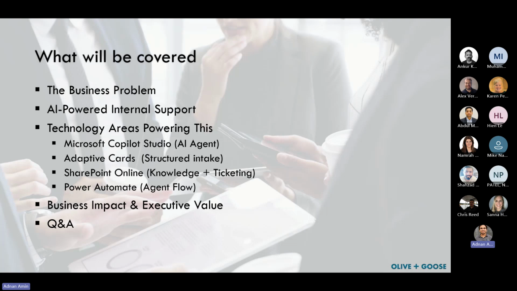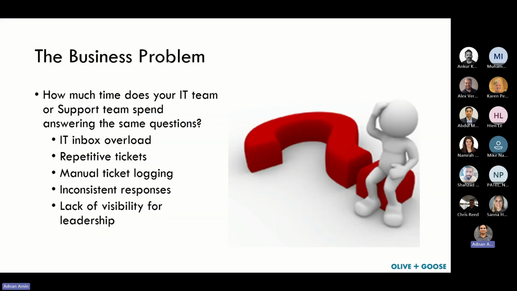Here's what we are going to cover. We will first discuss the business problem with traditional IT support, how AI-powered internal support changes the experience, the key Microsoft technologies we are going to use, and then we will do a live walkthrough of building a custom Copilot agent. Most of the time will be spent on the practical demonstration, but with a brief overview on the topics we are going to cover.